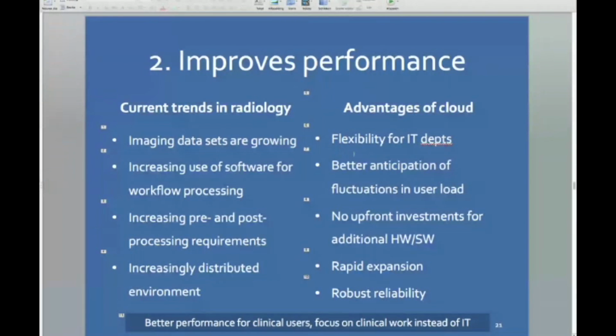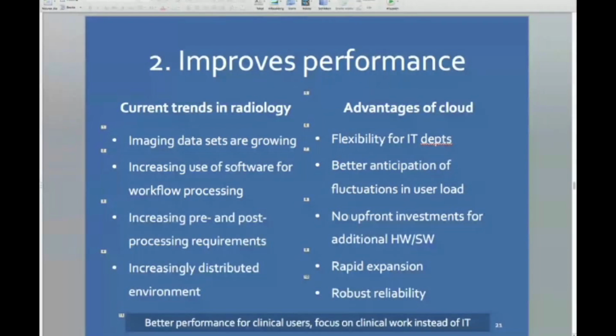The advantages of the cloud are that we can make the means more flexible for the IT department. So they will have to invest less in hardware, and it will be possible to expand more easily, more flexibly. There will be a greater anticipation of fluctuations in the user load.